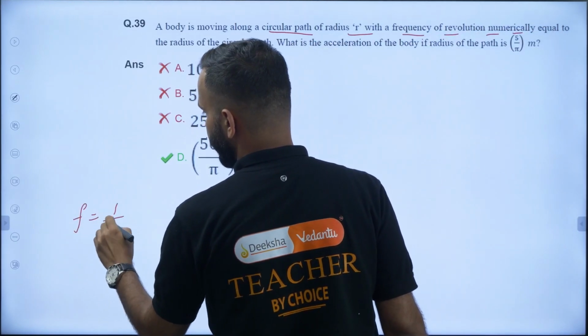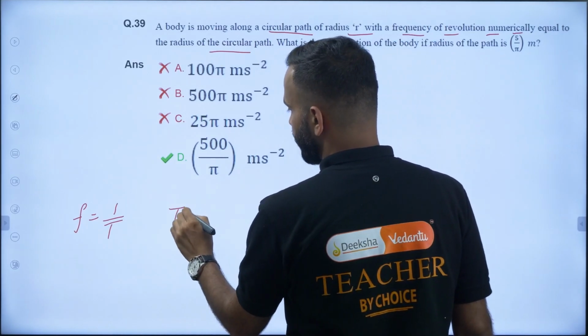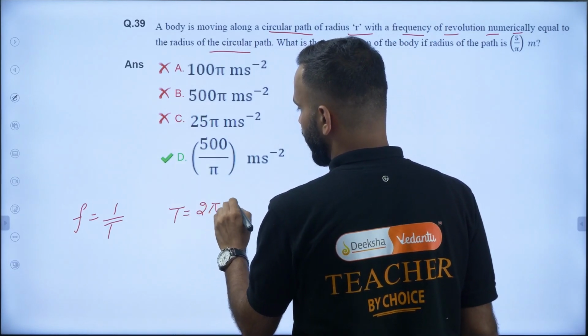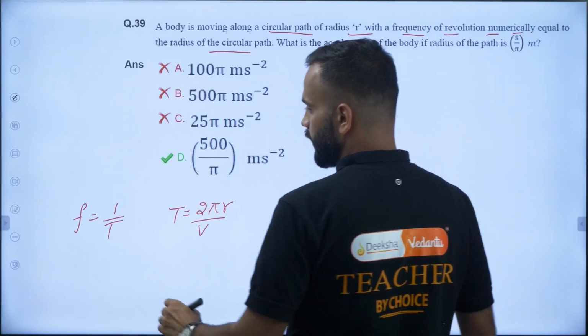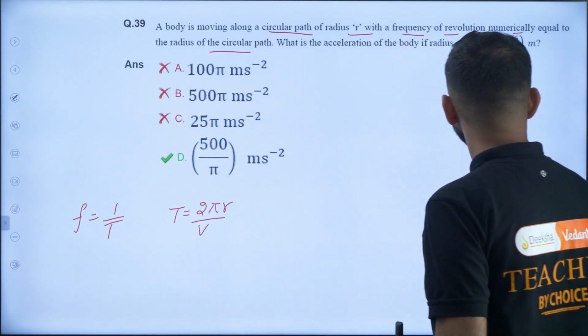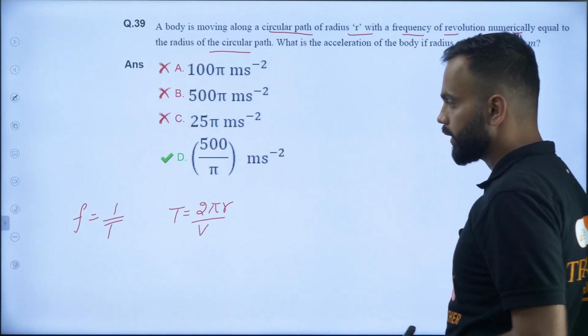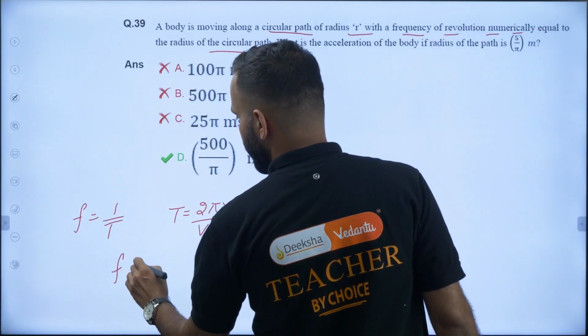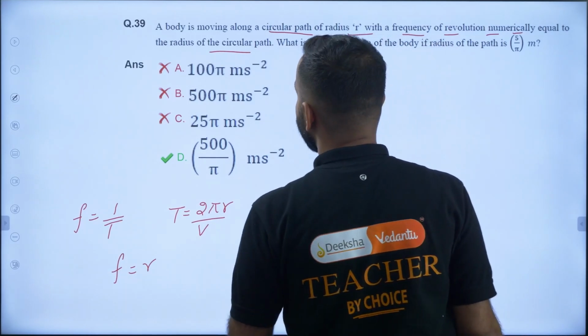Frequency is 1 by time period. Time period is equal to 2 pi r divided by v, where v is the speed of the particle. So f is numerically equal to r.